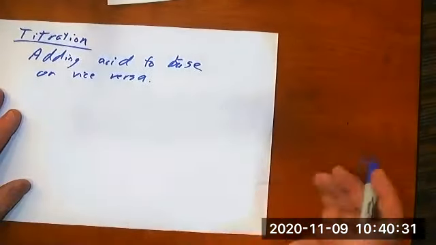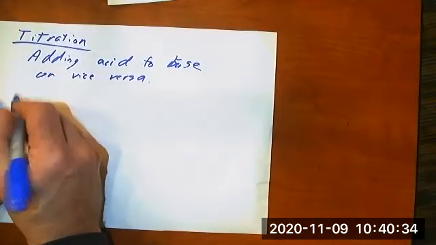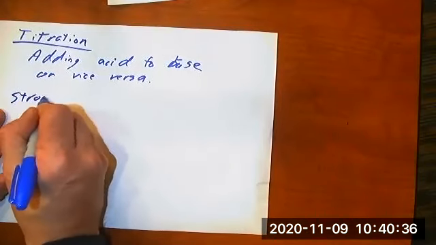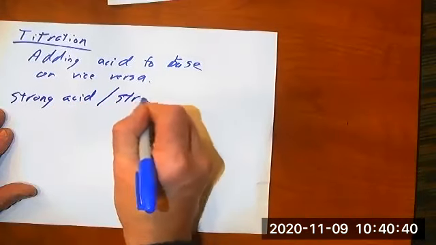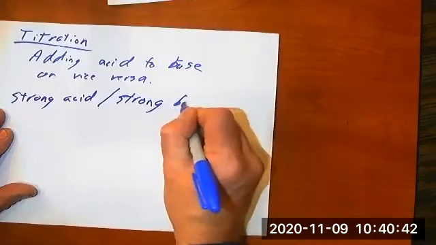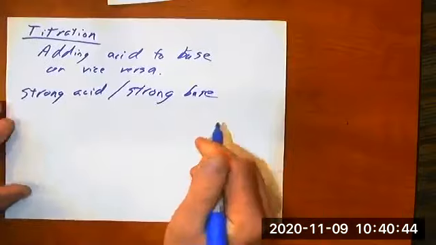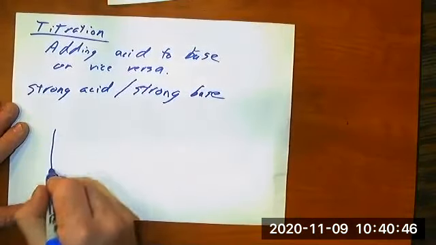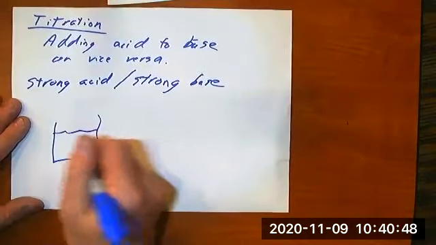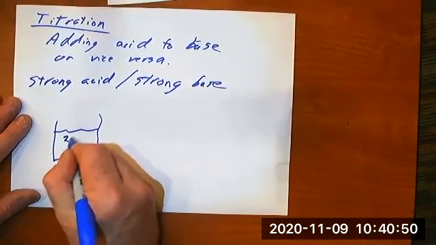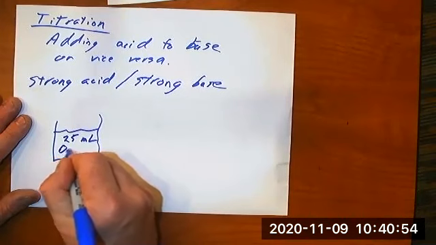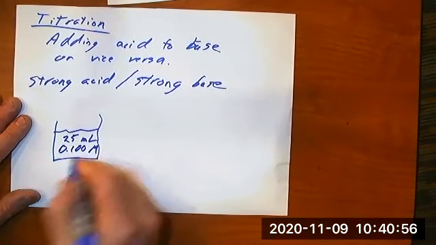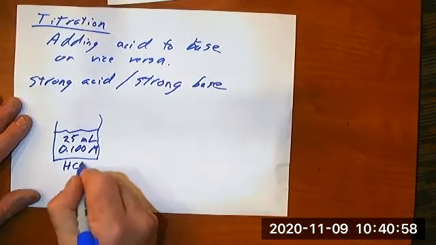So the first example we'll look at is the simplest one, which is going to be a strong acid, strong base titration. So we are going to start with the beaker having 25 milliliters of 0.100 molar HCl.